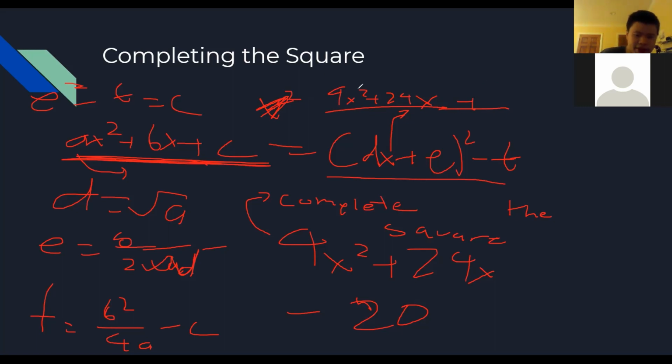So like this, adding 36 makes it a binomial, 2x plus 6 squared.